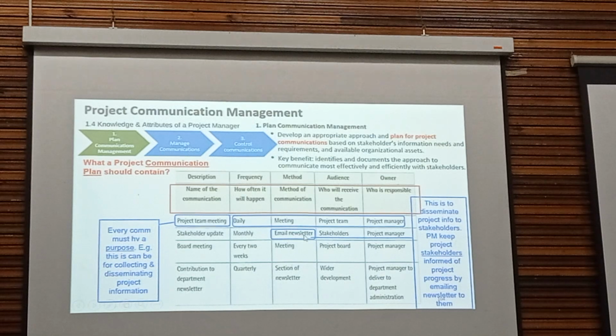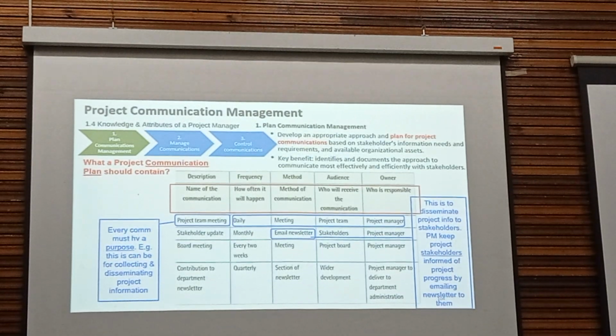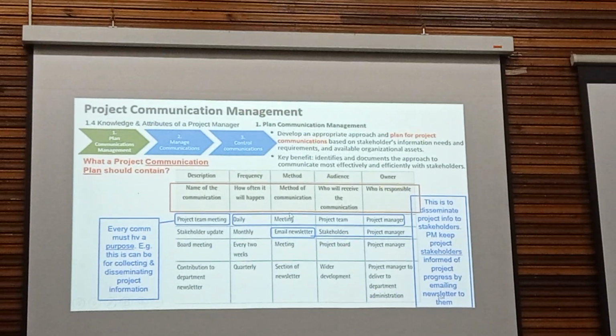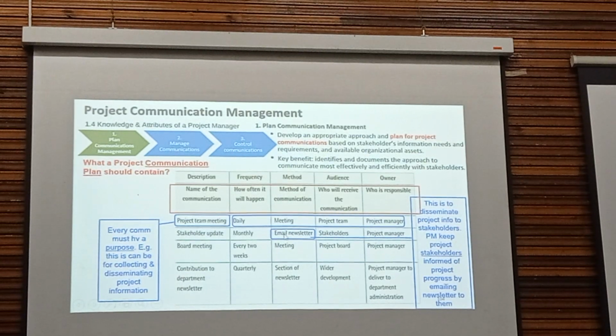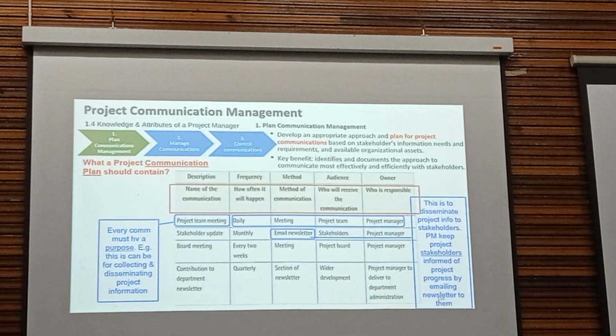If you want to pass information to a large group of people, a meeting may not be a suitable method. Just for passing project information to stakeholders, a meeting may not be suitable, so you may consider an email newsletter so that they can read information about the project progress, if you have to pass project information to a large group of people.